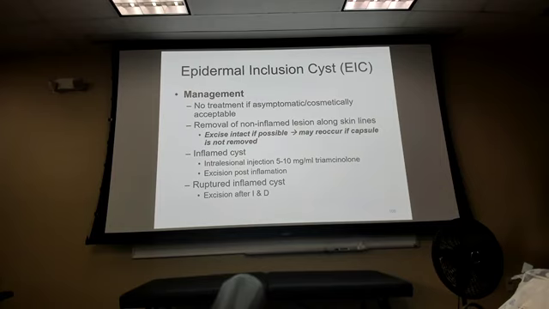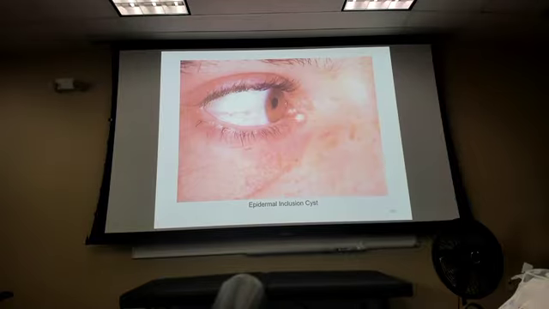Okay. Inflamed cyst, we can use some triamcinolone injection. We can excise post-inflammation. If it's a ruptured inflamed cyst, then excision after the I&D. Okay. Incision and drainage is what I&D means. There we go.